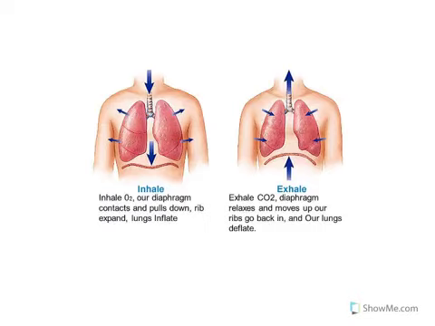As you can see, in inhalation the lung will expand to allow the gas to get into the lung, and during exhalation the diaphragm will move up, our ribs go back, and our lung deflates.